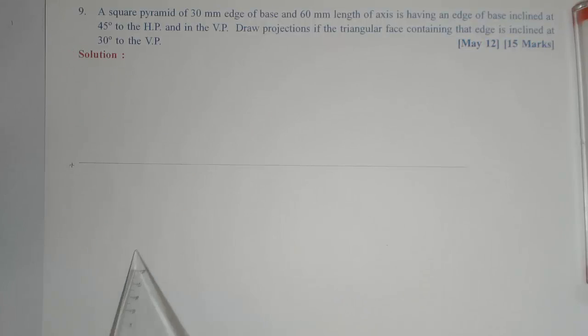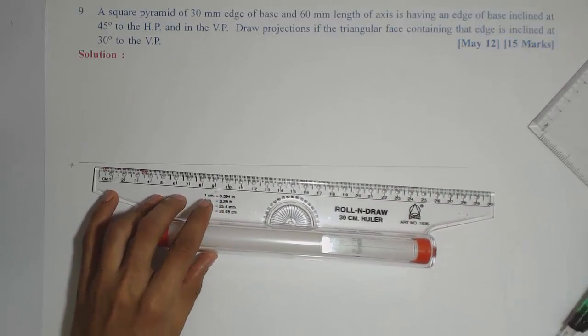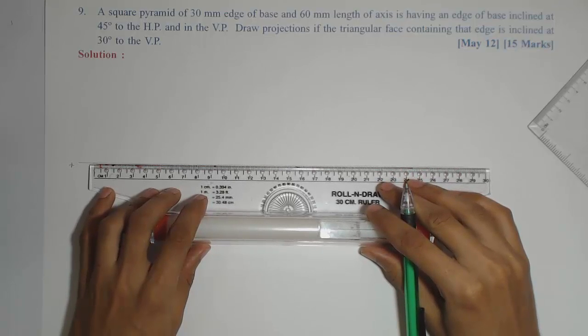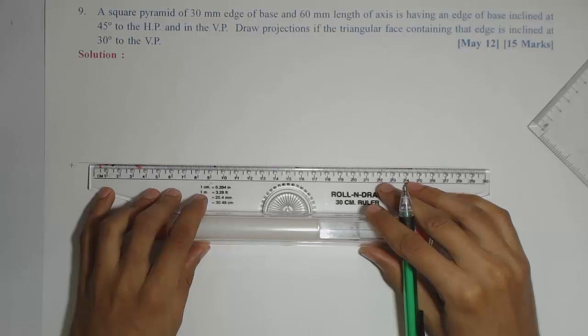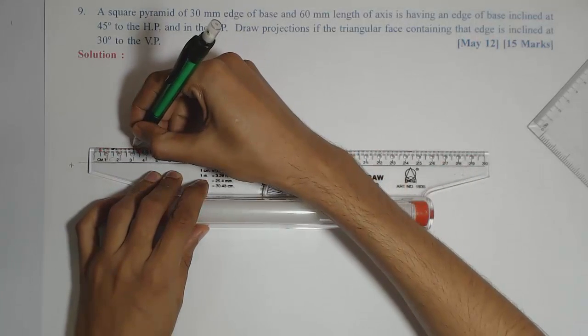and obviously, we need to first keep some distance from the XY line. We can't start the base with the XY line. So we will draw a parallel line of 30 mm.